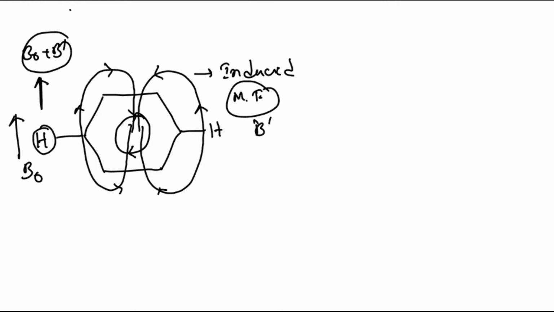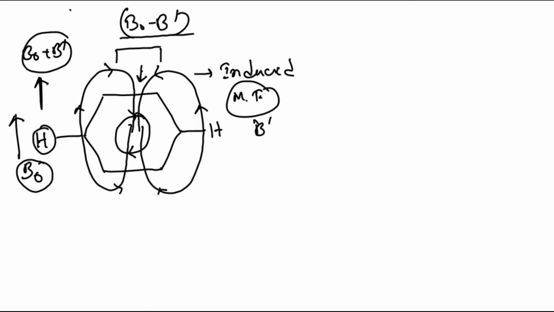But now here you can see that any proton or any atom which resides in this region will feel a magnetic field of B0 minus B prime, because this arrow direction is opposing the applied magnetic field B0. So it will feel a lesser magnetic field than what the NMR machine exerts.